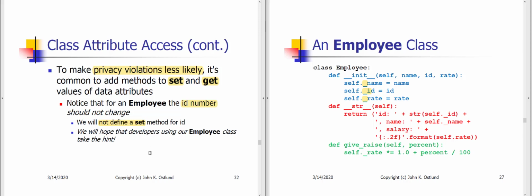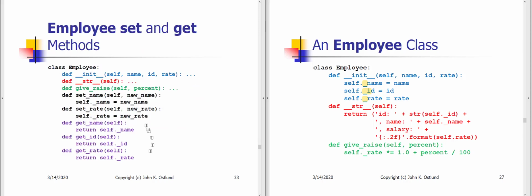Okay, so here is our new and improved implementation of our employee class. We still have dunder init, dunder str, and give raise. These methods have not changed, but we've added two new methods for setting the name and setting the rate, and three new methods for getting the name, getting the ID, and getting the rate.